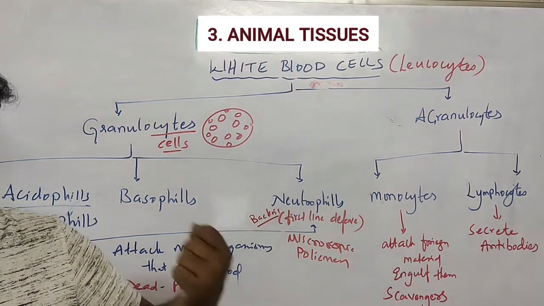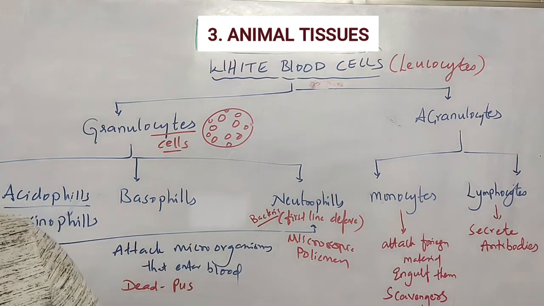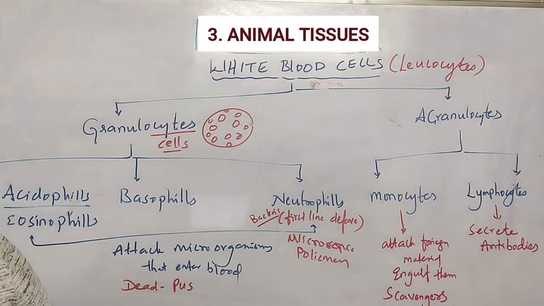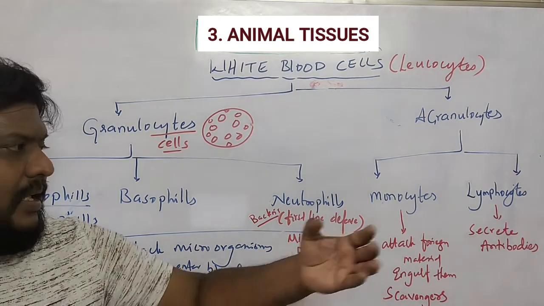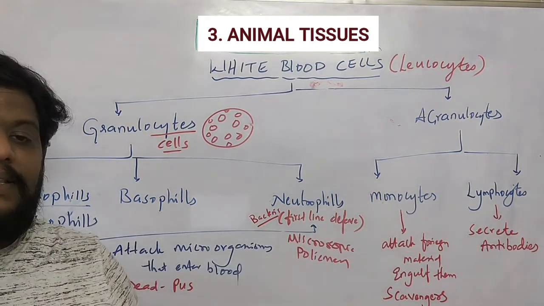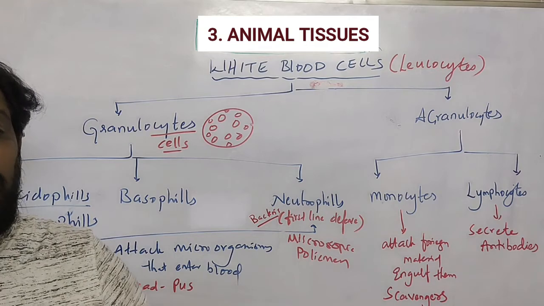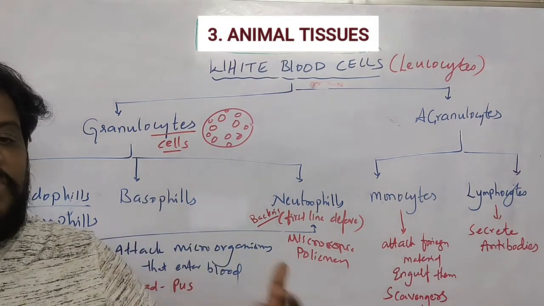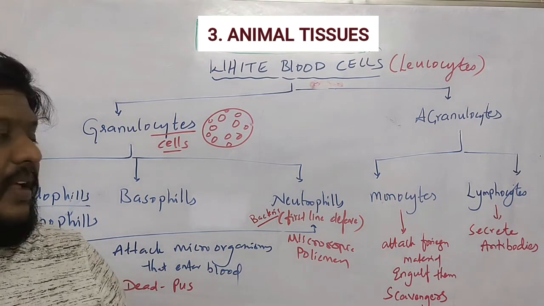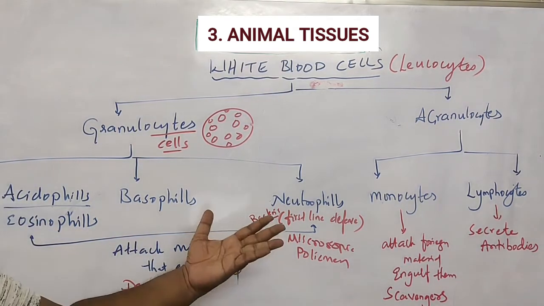In the trial runs, they are checking whether antibodies are developed for this virus or not. When a foreign organism comes inside, our lymphocytes keep on secreting the antibodies, which go and attack the foreign material which enters the blood. So they keep on fighting with them.